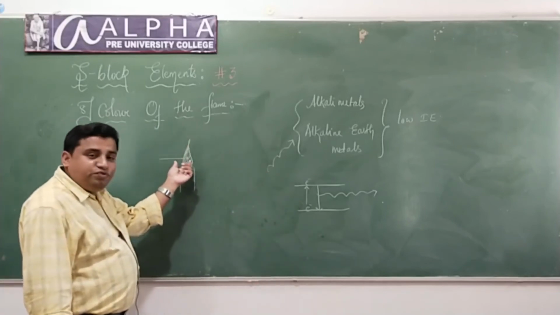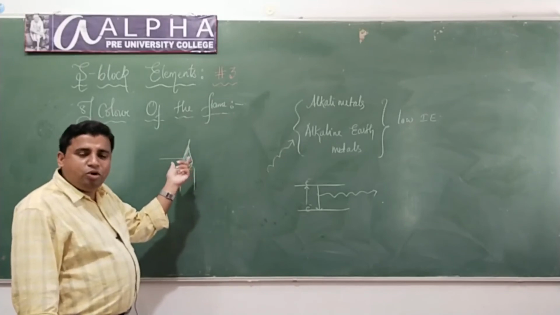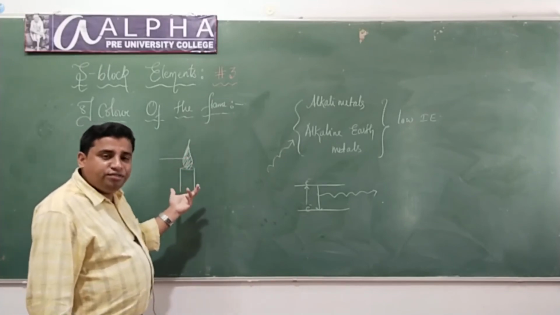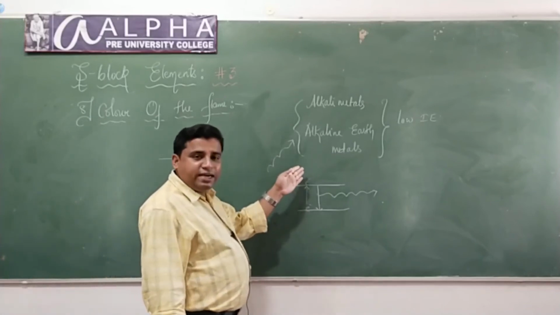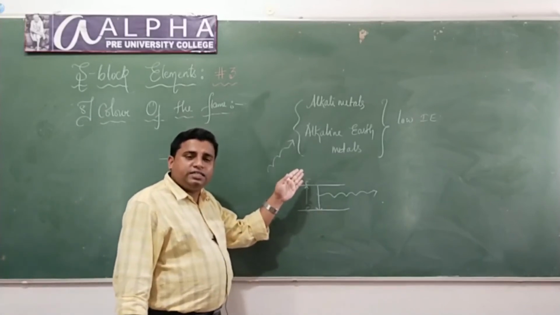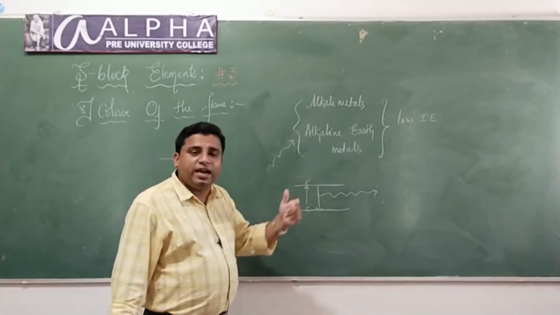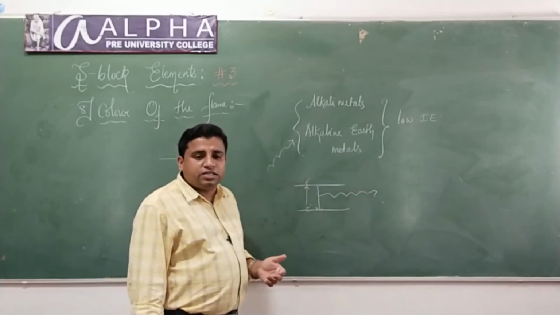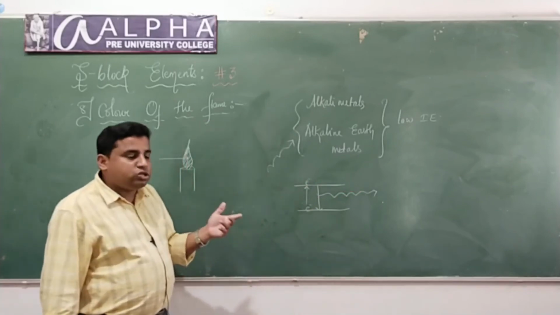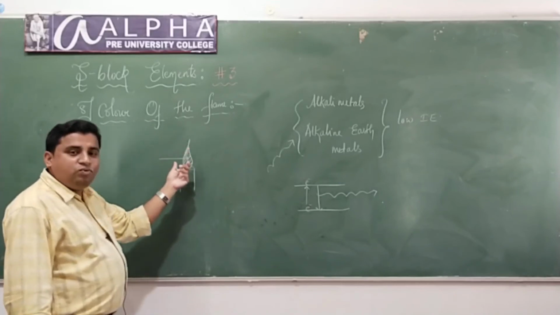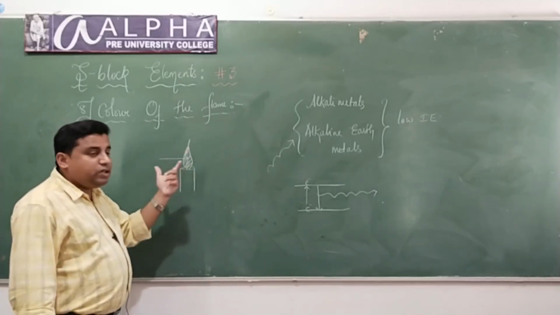Even the energy of this flame, a Bunsen flame or candle, is sufficient for this electron to get excited, but in the higher energy state it is unstable. Therefore, it returns back to the ground state and emits radiations. Different radiations are emitted, so the flame will acquire color.